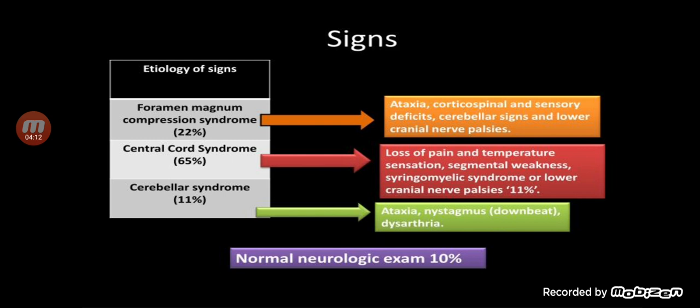This will lead to ataxia or central cord syndrome, loss of the pain and temperature sensation, segmental weakness, syringomyelic syndrome, or lower cranial nerve palsies. The signs may also be related to the cerebellar symptoms, where the patient will present with ataxia, nystagmus, or dysarthria.